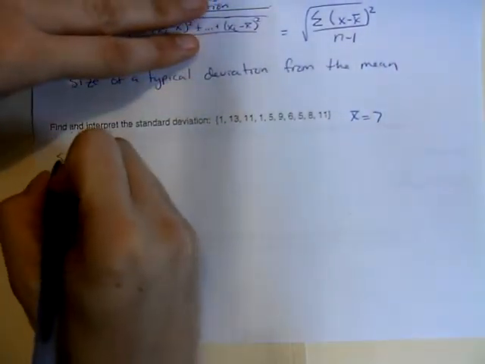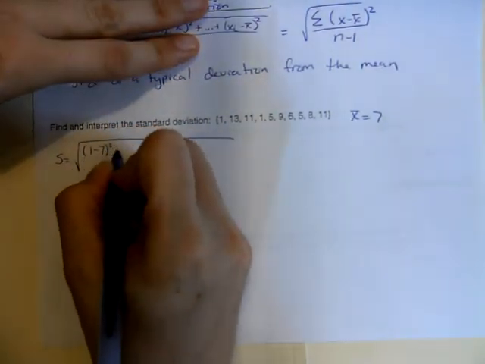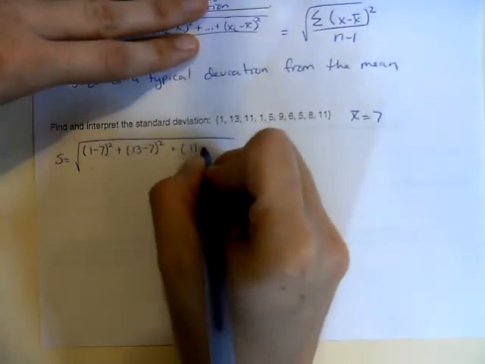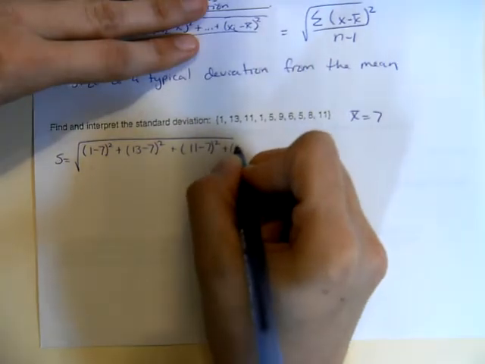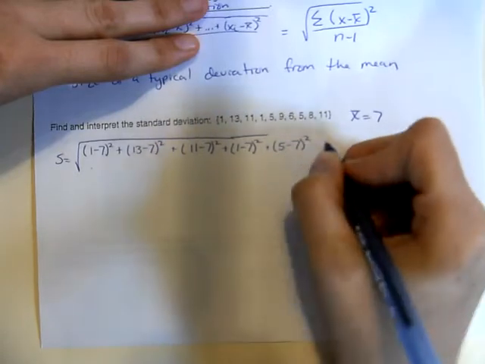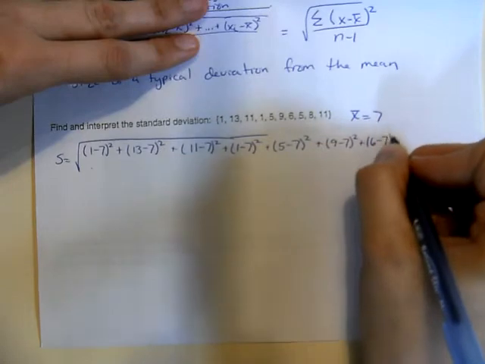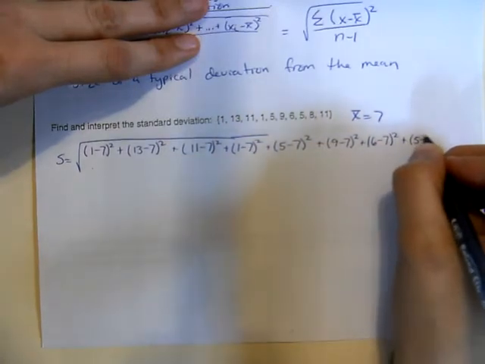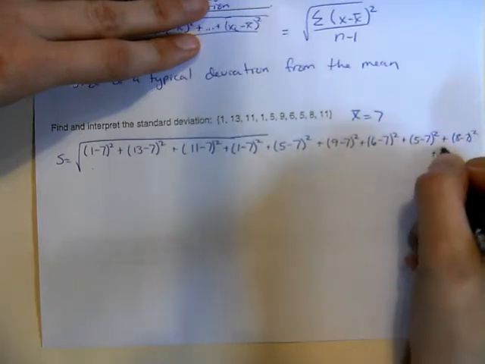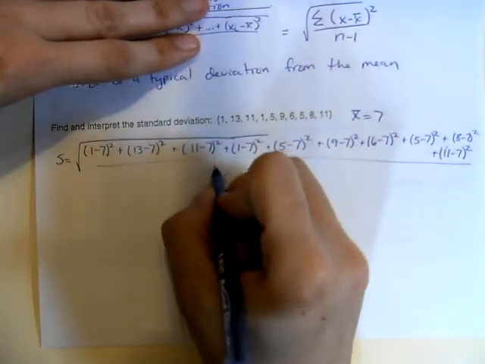So, S is the square root of (1 minus 7) squared plus (13 minus 7) squared plus (11 minus 7) squared, (1 minus 7) squared, (5 minus 7) squared, (9 minus 7) squared, (6 minus 7) squared, (5 minus 7) squared, (8 minus 7) squared, (11 minus 7) squared, all over 10 minus 1.